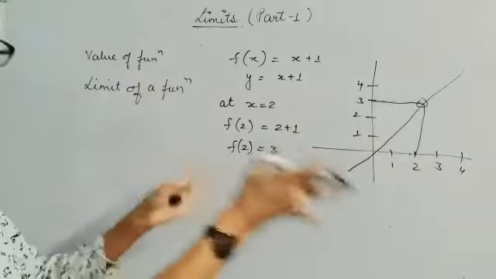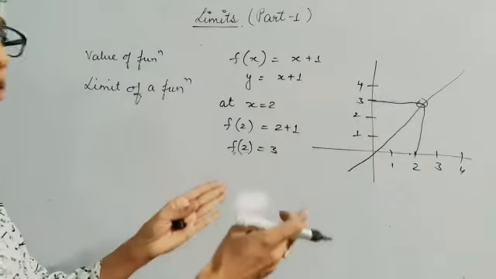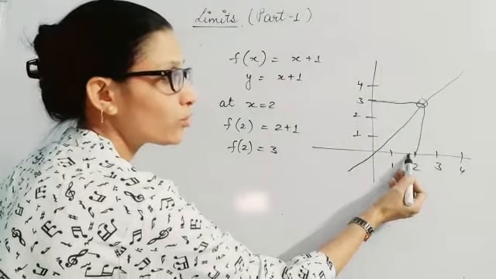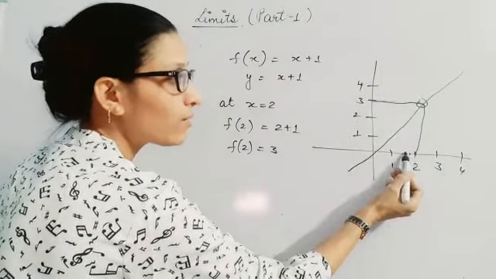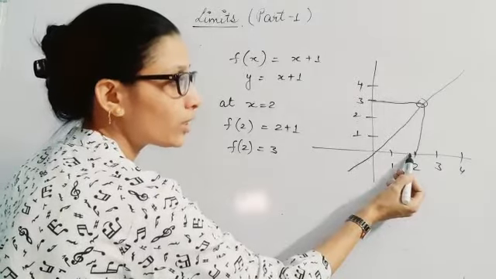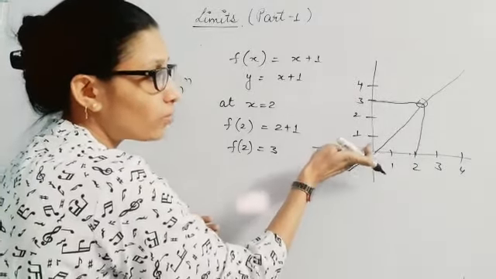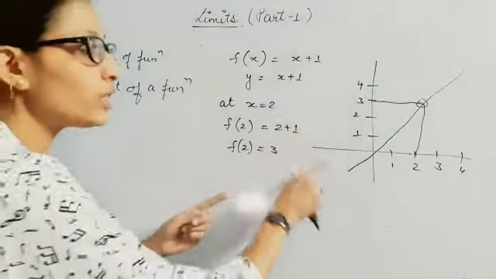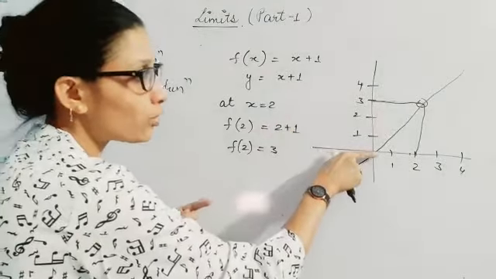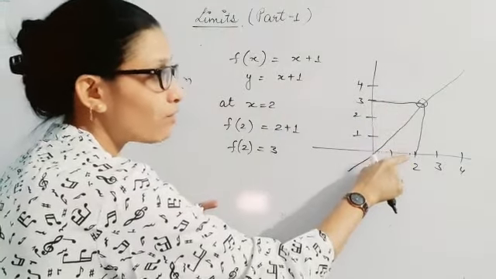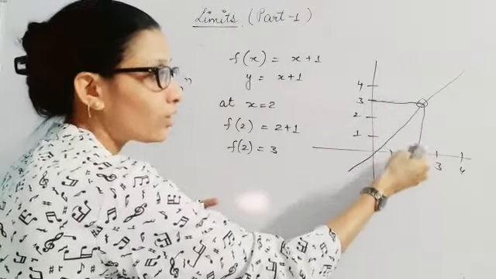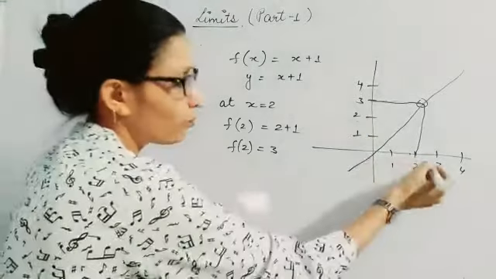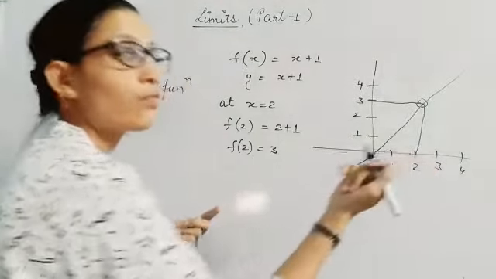That means I am limiting my function to an extent, or I can say this is the nearest neighborhood point of 2. So I am limiting my function till this point when I am moving from 0 to 2. I am not trying to reach 2, but I am trying to find the value at the nearest point of 2 from your right as well as from your left.